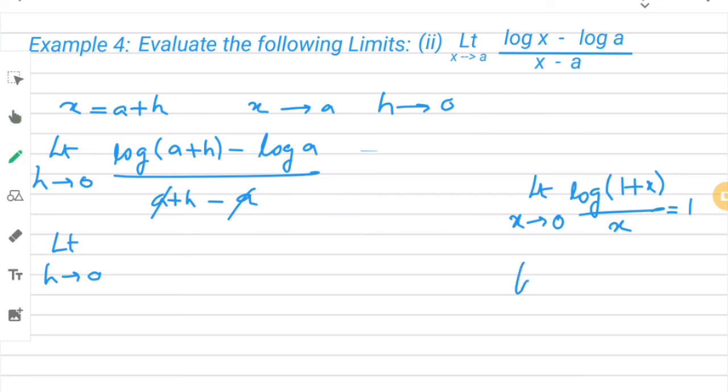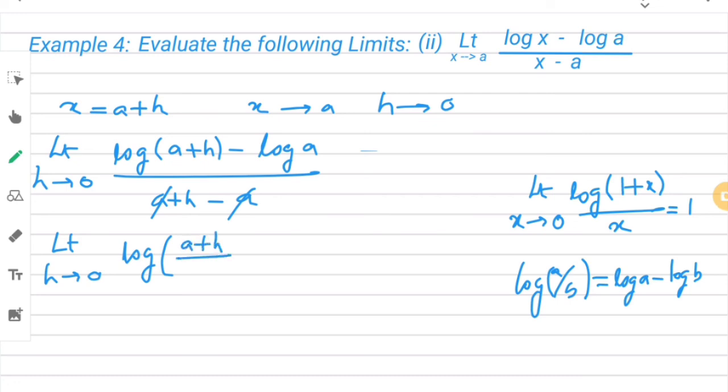That is, if log is having a by b, the terms are in a division, then you can write the log as a subtraction. You can write it as log a minus log b. According to that, since it's in a subtraction, I am going to write it in a division. So log of a plus h by a, and in the denominator same h.